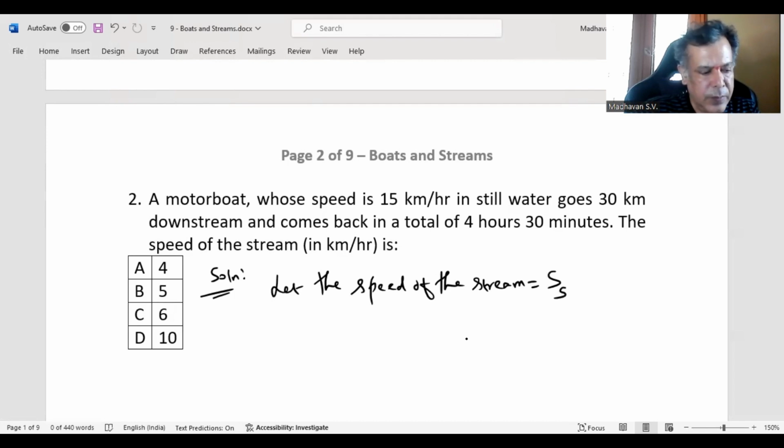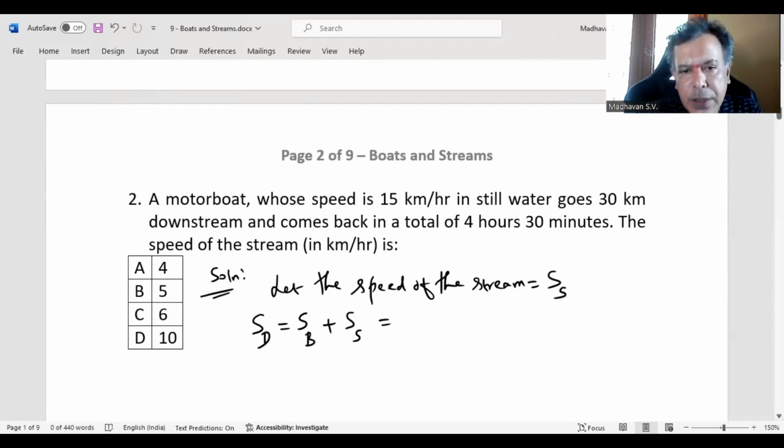Now we have speed downstream, S suffix D. Speed downstream will be speed of the boat plus speed of the stream. Speed of the boat is already given, 15 km per hour in still water.